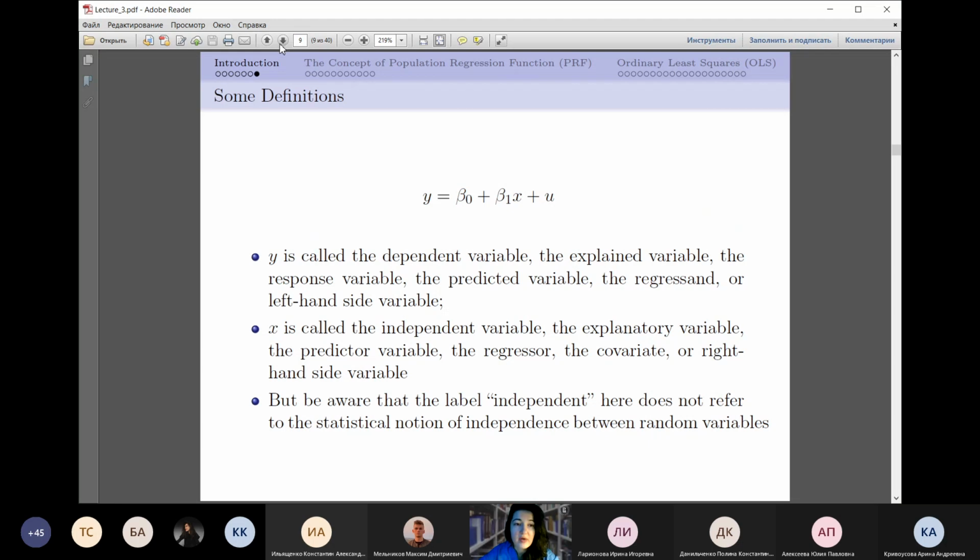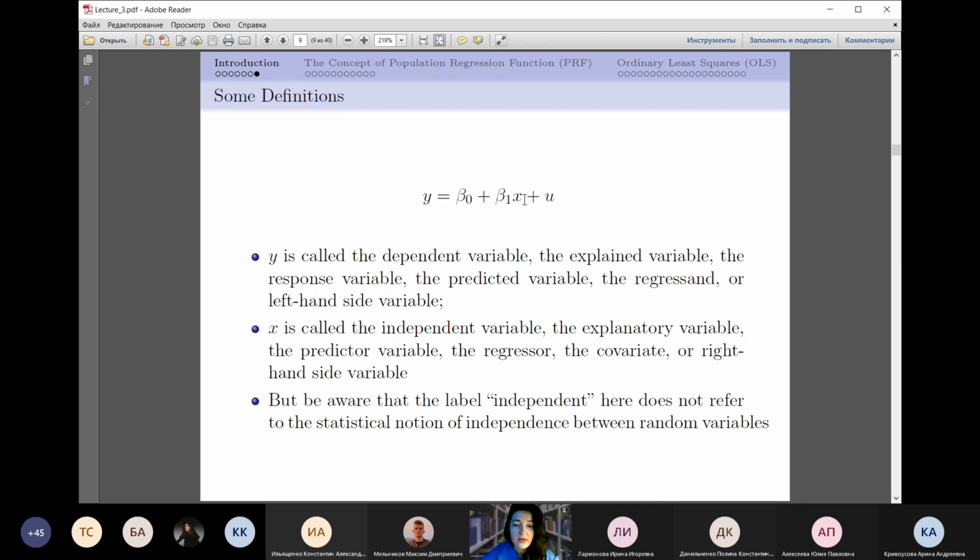And also you should remember some definitions. You should remember that Y is called the dependent variable or explained variable or response variable, predicted variable, the regressand or left-hand side variable. So there are a lot of definitions.